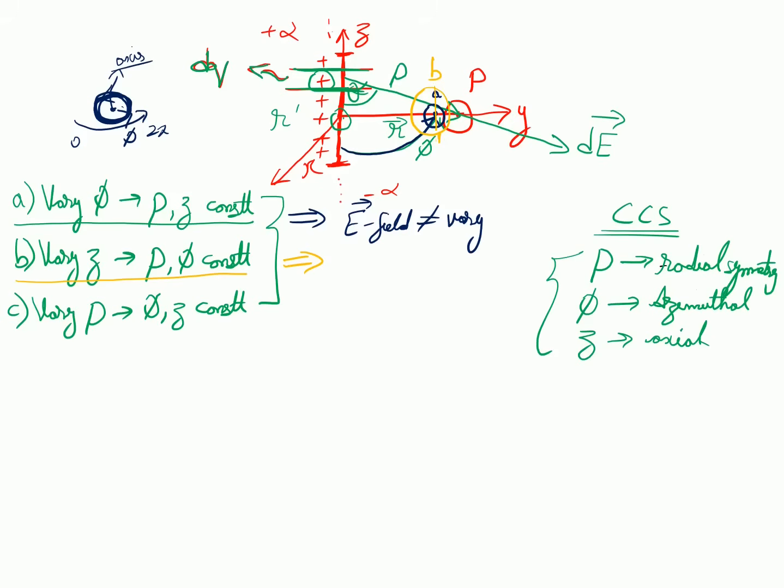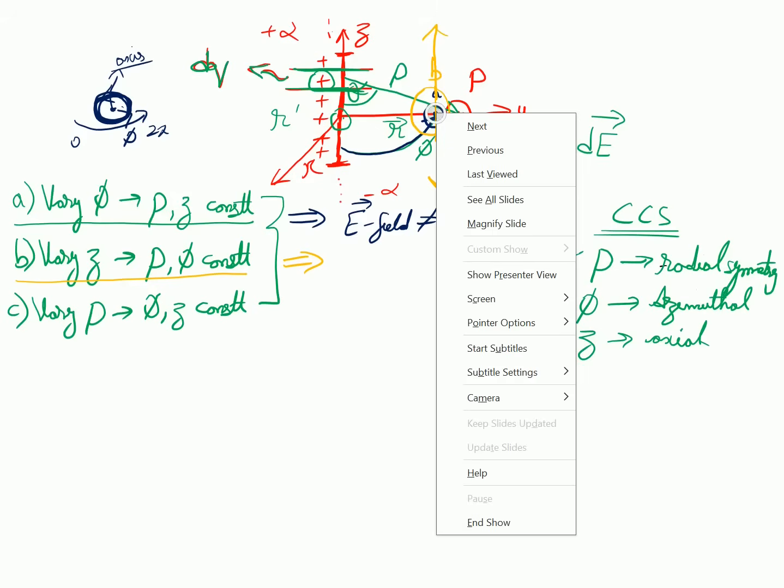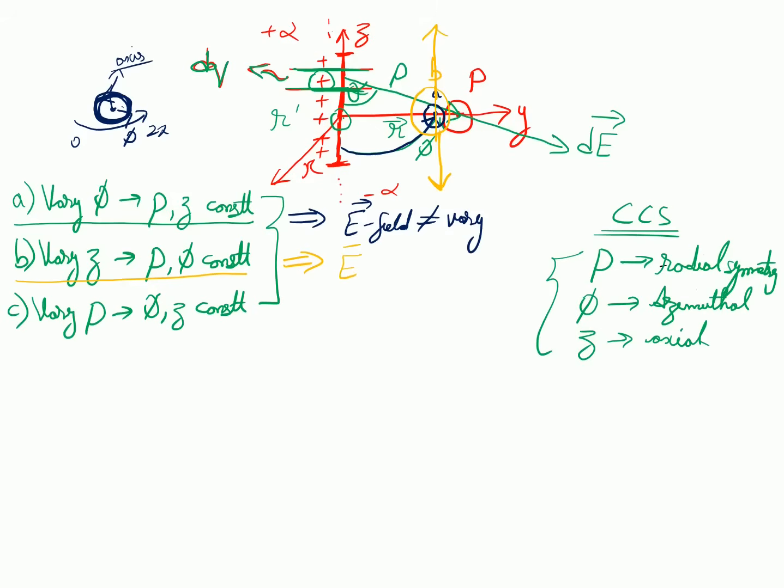Now I'm going to move up and down in the z-axis, so it will either go up or it will go down. But again, the electric field is not going to vary because the radial point and the phi are a constant value. So the electric field again is not going to vary for this scenario, because we are just moving the point in space either to the plus infinity top position or to the bottom position. Nothing is going to happen.